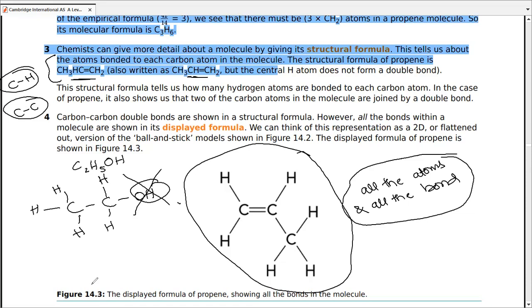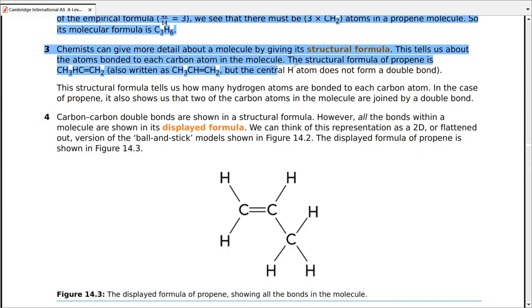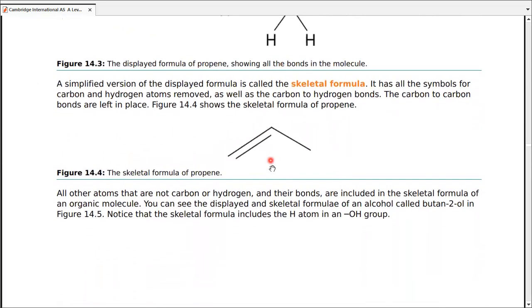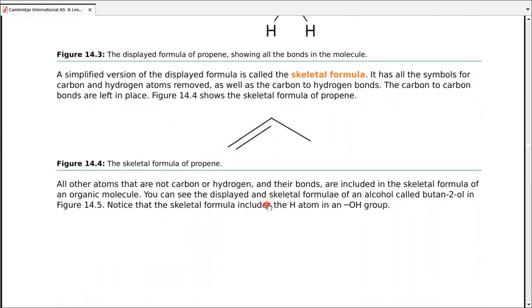That's not wrong. But if you're not showing all the atoms or all the bonds, or if you're omitting any one of it, you're wrong. That's how easy it is going to be. So you need to be very, very good at paying attention to the little pieces of detail in AS and in A2. So A level is a prerequisite like that.